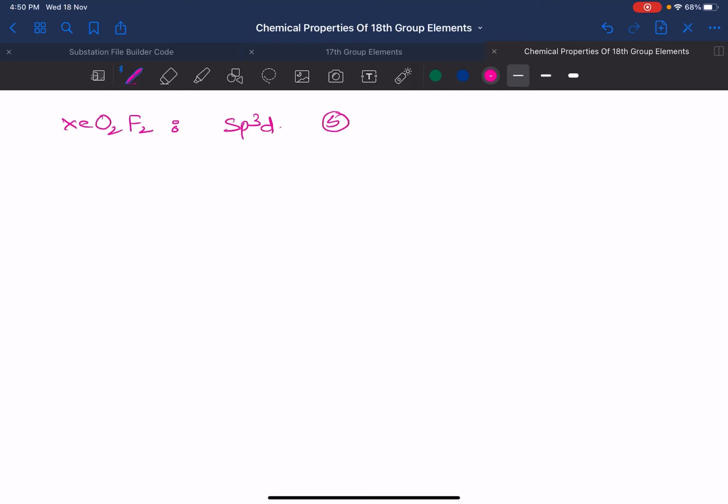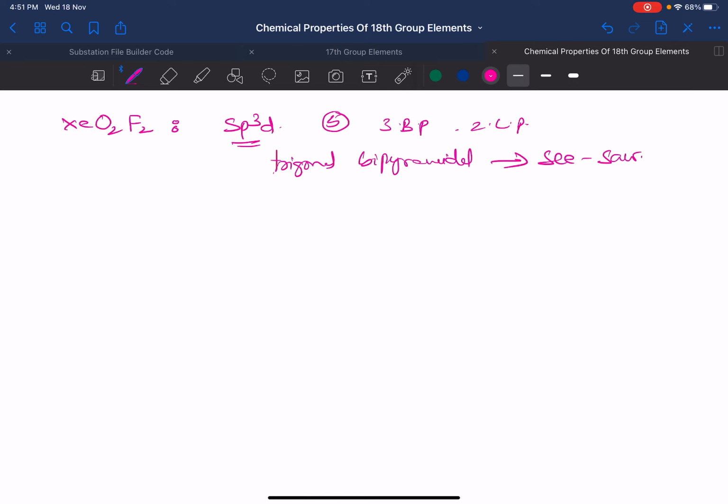That means it has 3 bond pairs and 2 lone pairs. Due to the presence of 2 lone pairs, as per the hybridization its structure should be trigonal bipyramidal, but it is converted to the seesaw structure.